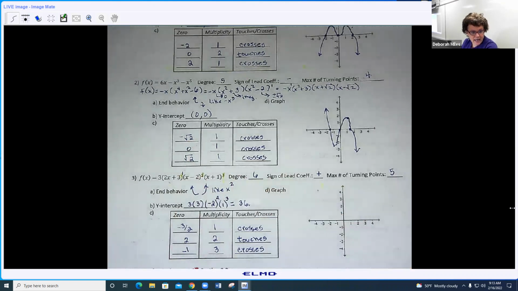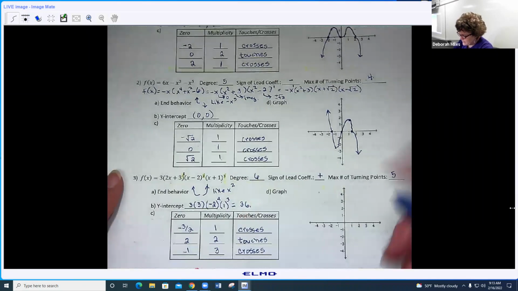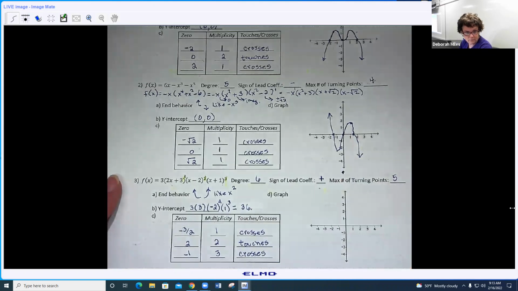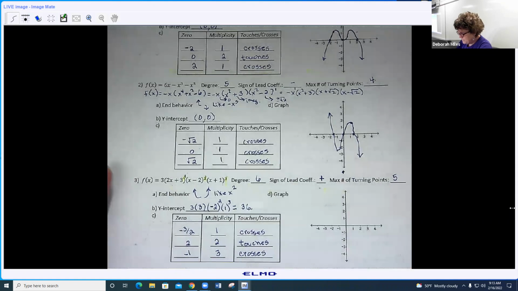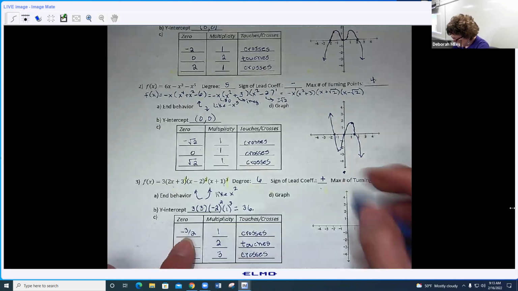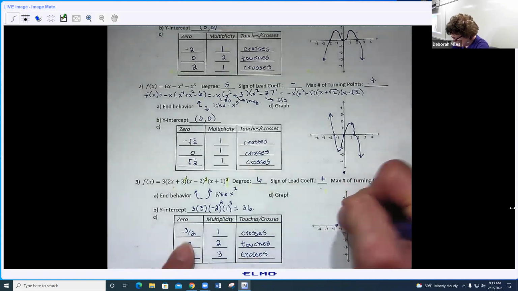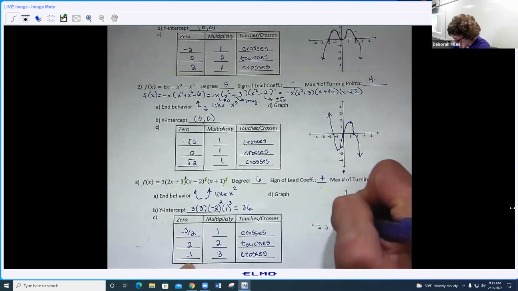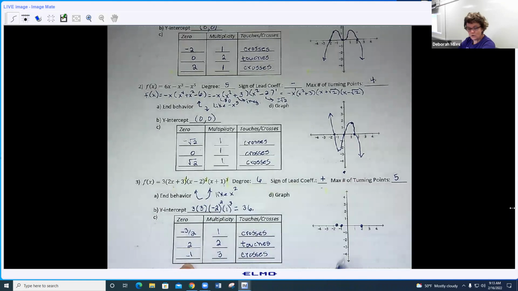So to graph that, I first plot all the intercepts. My y-intercept 36, I'm just going to have to say it's way, way up there somewhere. My x-intercepts are -1.5, +2, and -1. So these two are close together.